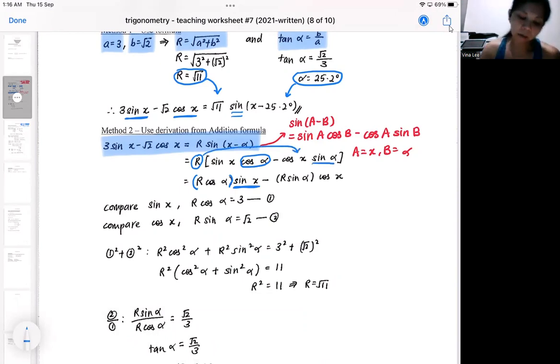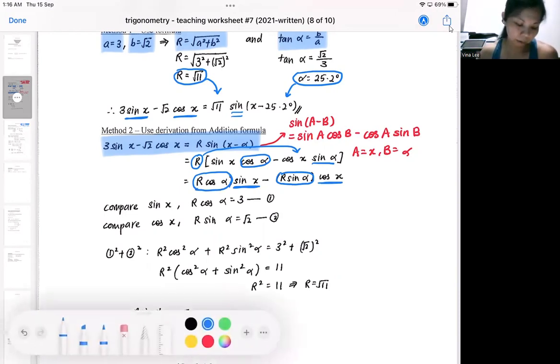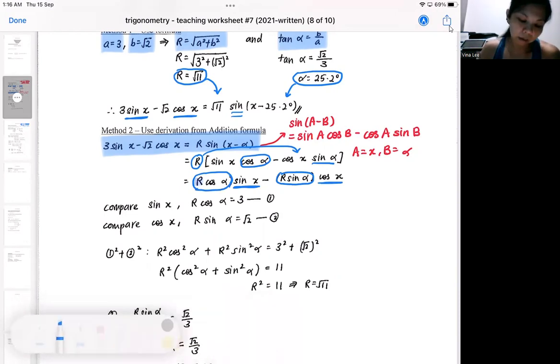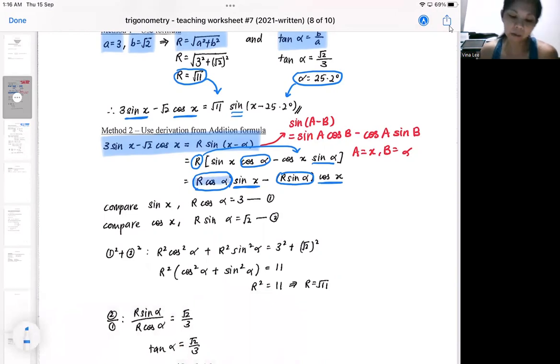When you expand out, the R and sine alpha become the coefficient of cosine x. So after you use your addition formula, you need to see that this is the coefficient of sine x, and this is the coefficient of cosine x.